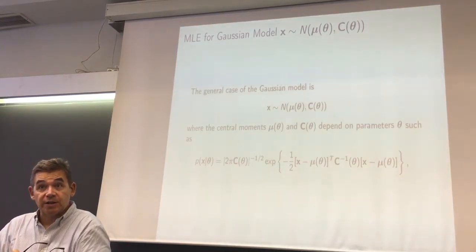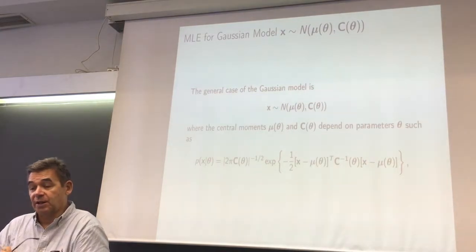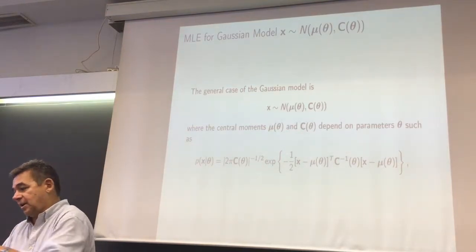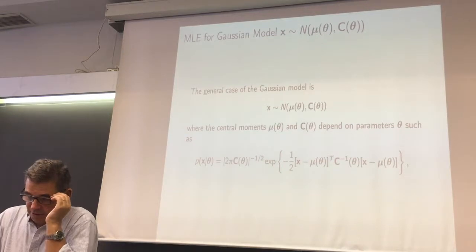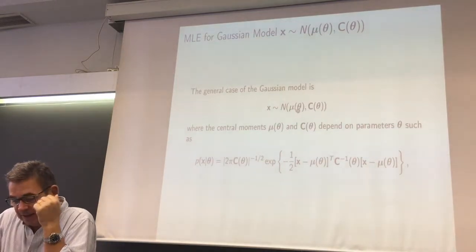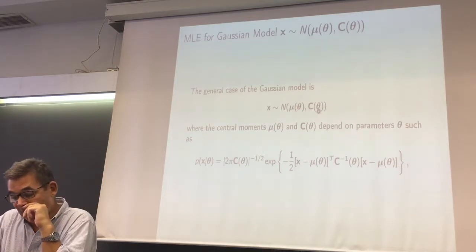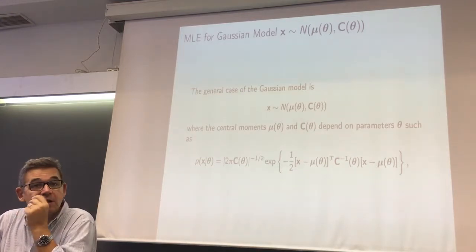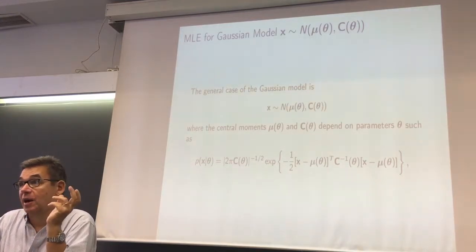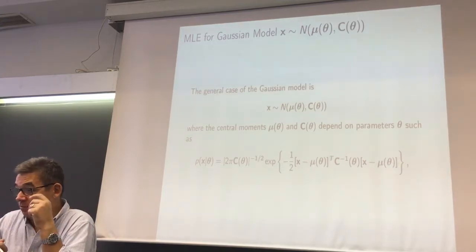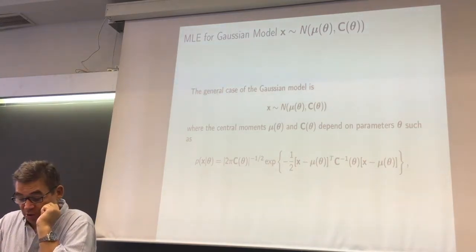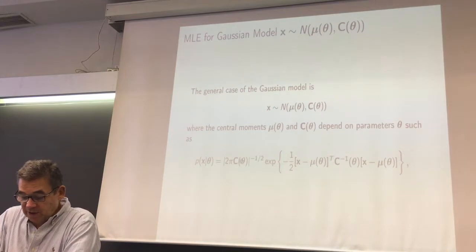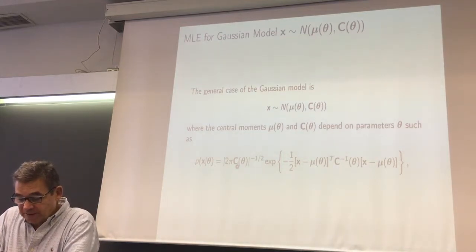So let's assume that x, so the data, is in general Gaussian, with a mean that depends or not on the parameter, and a covariance that depends or not on the parameter. Then my likelihood is kind of easy because I only need to write the probability density function of the multivariate Gaussian distribution, which I go back a few pages and copy here, except that I write C of theta.